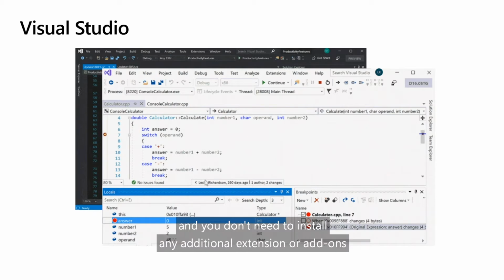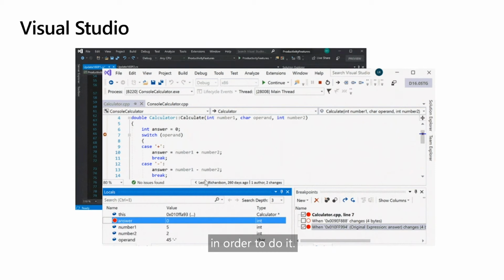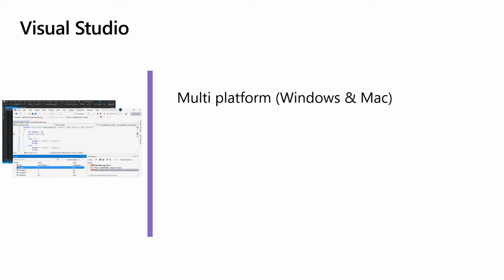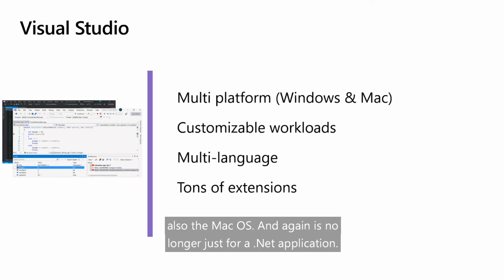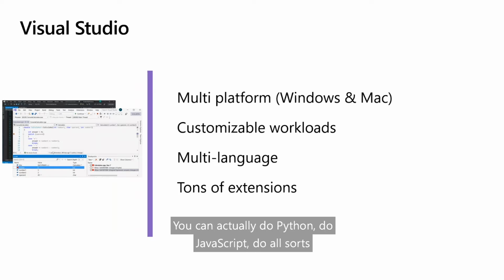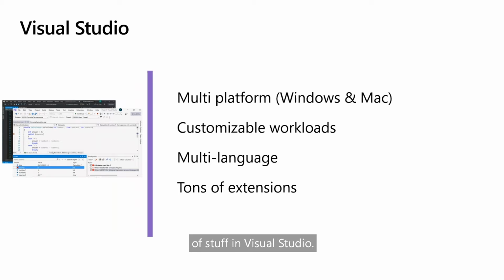You don't need to install any additional extensions or add-ons in order to do it. It supports multi-platform, including Windows and also macOS. And again, it's no longer just for .NET applications. You can actually do Python, JavaScript, all sorts of stuff in Visual Studio.